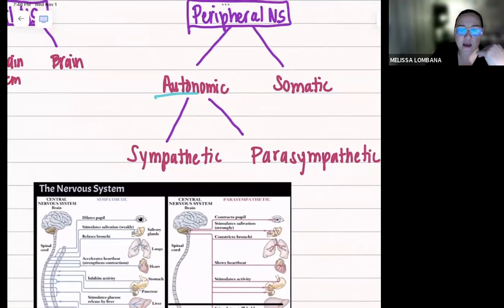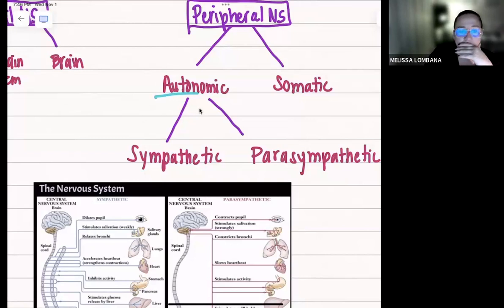Anything involuntary, and make sure to have this in there, such as breathing, heart rate, digestion, as well as the dilating of pupils. These are the parts of the body that are automatic, right? It's not like we decide, okay, it's time to speed up that heart rate. It will automatically do that, or digestion as well. So these are involuntary, the autonomic.